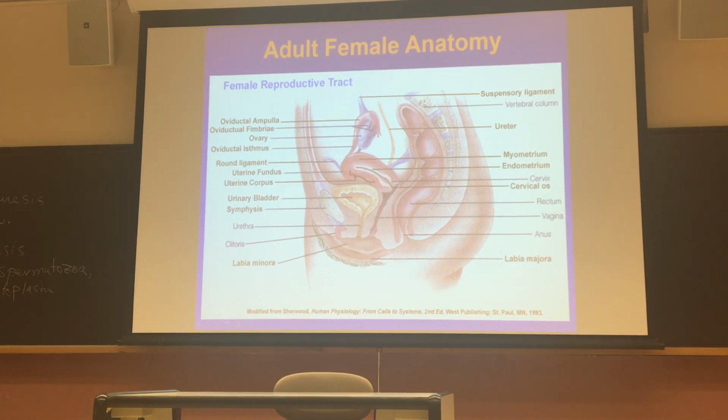The lining of this structure is an epithelial lining, and it's called the endometrium. The endometrium is the tissue that proliferates during every monthly cycle or every ovarian cycle, and that is sloughed at the end of that cycle.